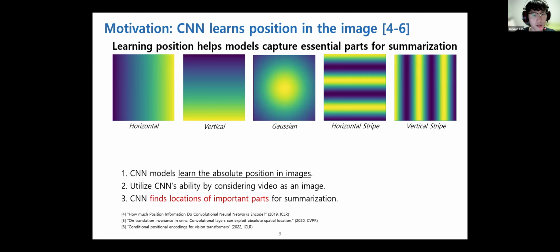Based on these studies, we propose that we can utilize this ability by treating video as image. If we use this ability, CNN models can find locations of important parts for summarization. Therefore, CNN models can work as attention after learning key locations in the data.